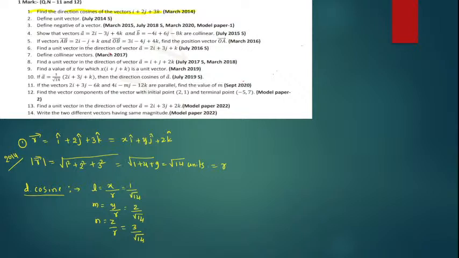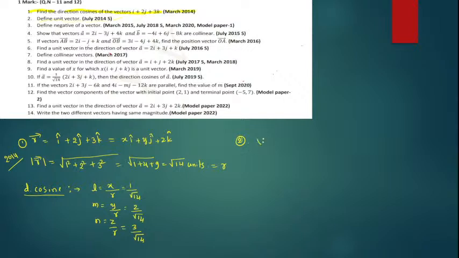In the same way we will go for the second question, that is define unit vector, which was asked in the July 2014 supplementary. We'll see how to define. Already we know that a unit vector is nothing but a vector whose magnitude is equal to 1.